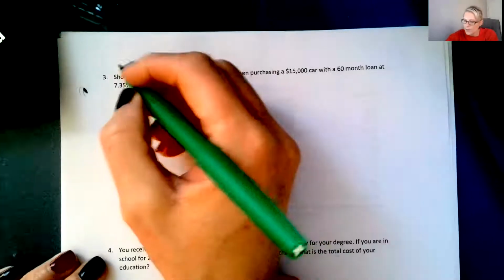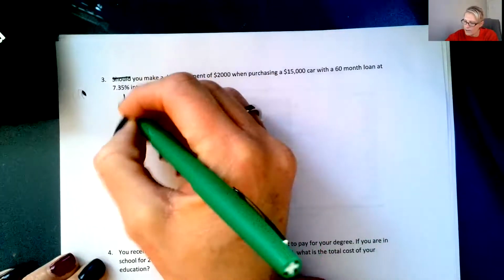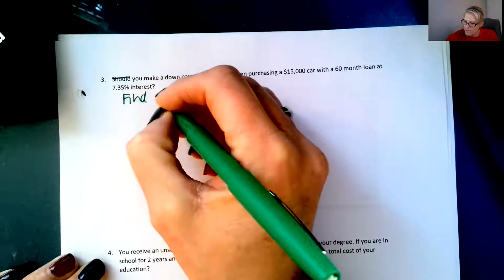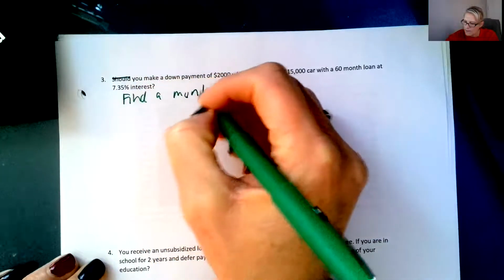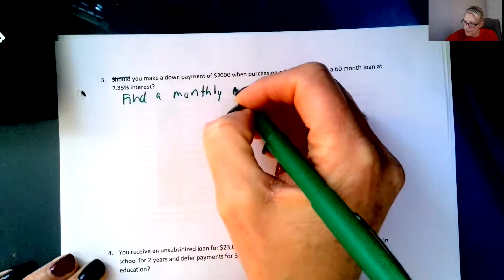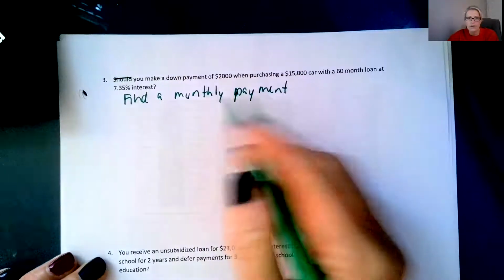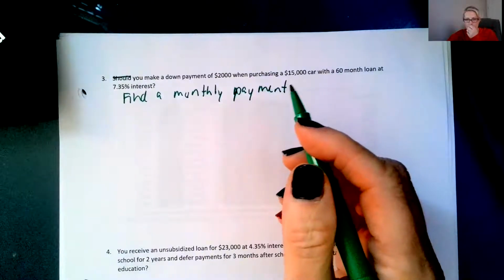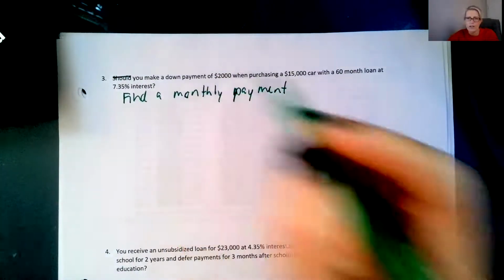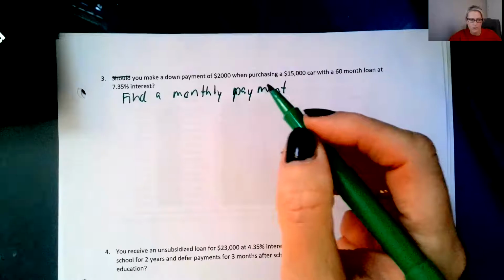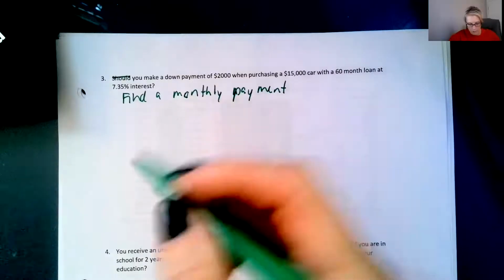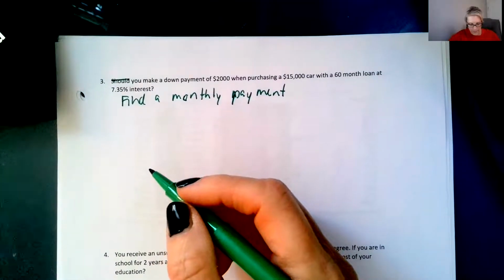Let's find the monthly payment. Let's just see that this is asking us to find a monthly payment for this vehicle. Let's say you went to buy this car and they told you what the payment was going to be, and you just want to make sure that what they said is really true, because sometimes there's fees that you don't know about, and this is how you might find that.